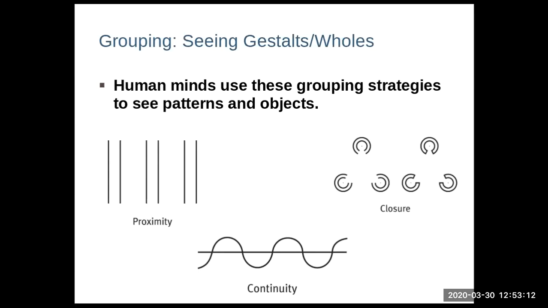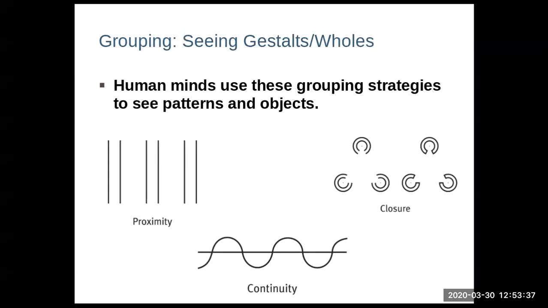And in continuity, what we see is a line that's going through what looks like it could be a light wave or a sound wave, since I use those shapes for this lecture. Because they are occurring together, it seems like they're integrated. In this case, it looks like the line is going in front of, behind, in front of, or the opposite, behind, in front of, behind the wave.